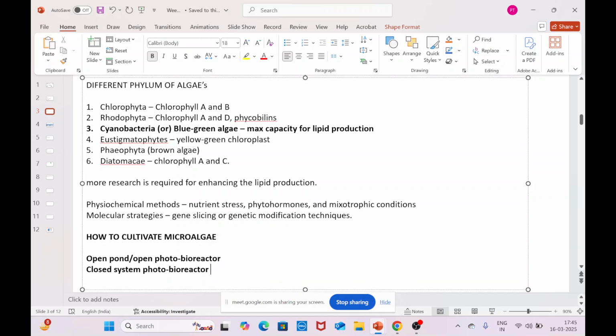Open ponds or open photobioreactors are also bioreactors, but they are exposed to the atmosphere. They don't have a covering which protects them from the atmosphere. So they are completely open to the atmosphere without any kind of barriers.